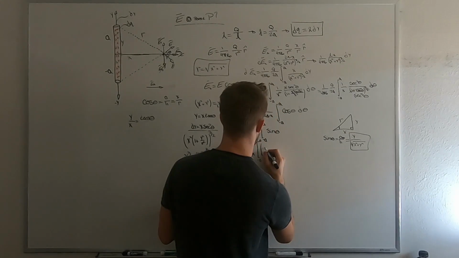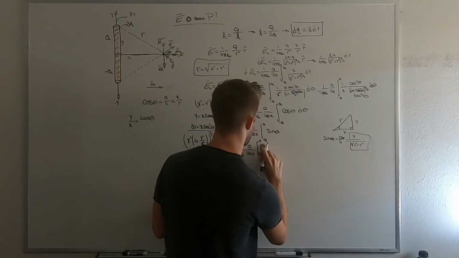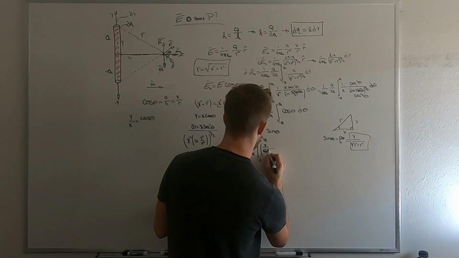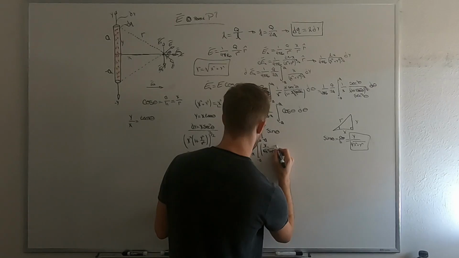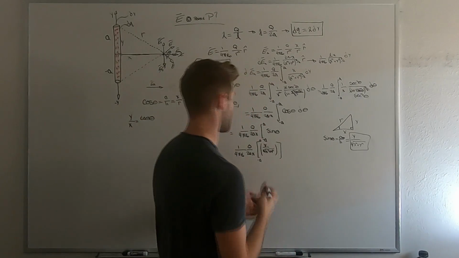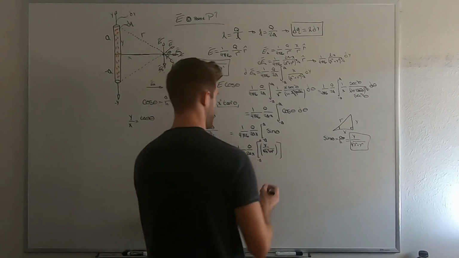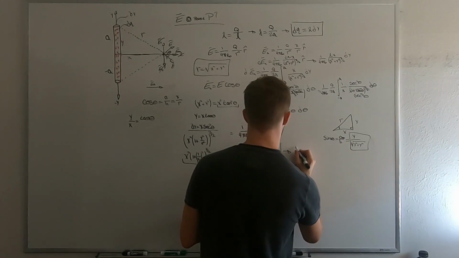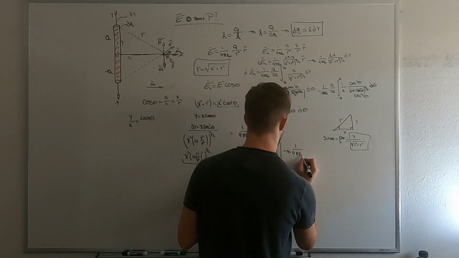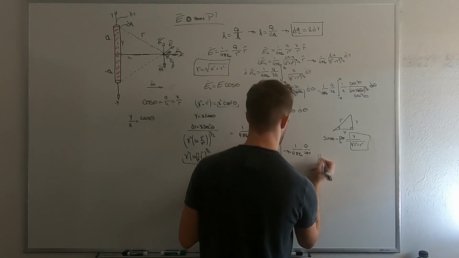And then this is going to give us y over, that's a y, not an x, y over the square root of x squared plus y squared. Okay, so now we can just apply our limits of integration here. So at that point, this should be pretty doable, right? So now we have our constant still remaining outside here, 4 pi epsilon naught times q over 2ax.